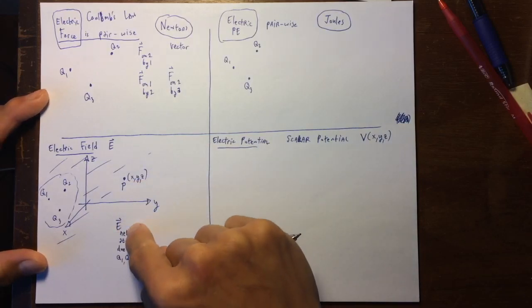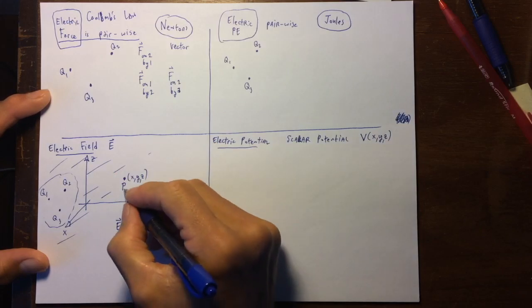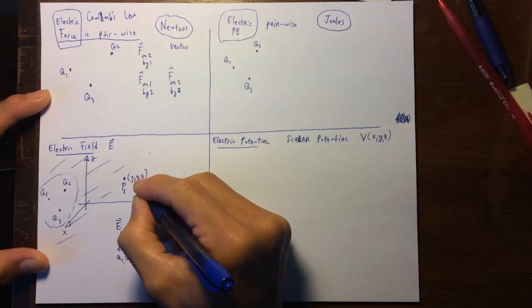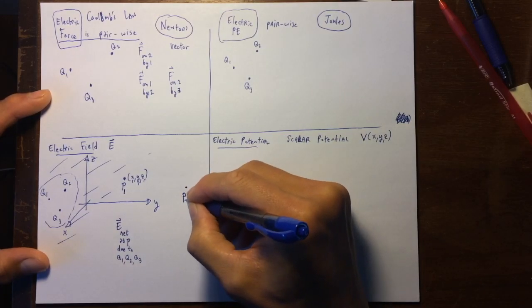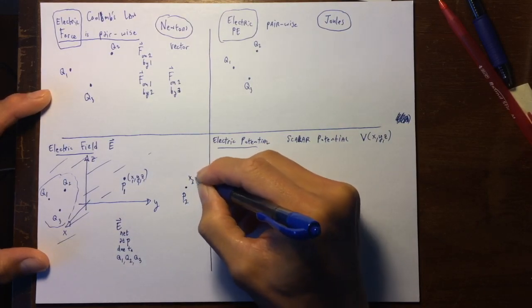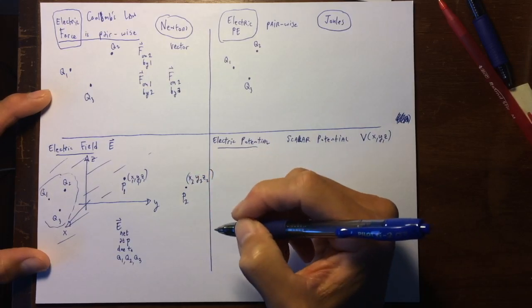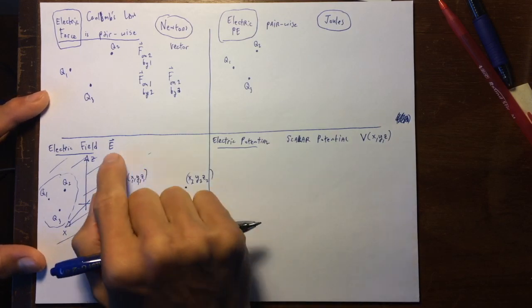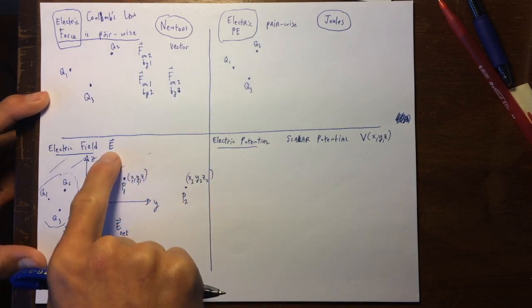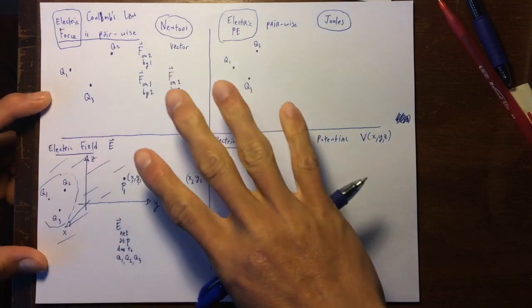So we can talk about the electric field vector there. That might be P1, which has coordinates x1, y1, z1. And here's another place, P2, whose coordinates are x2, y2, z2, for example. So I have places in space, and that's the sense in which this vector-valued function is a field.